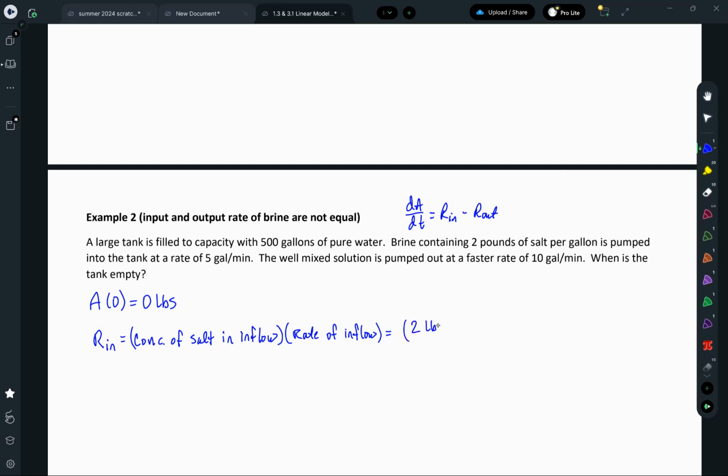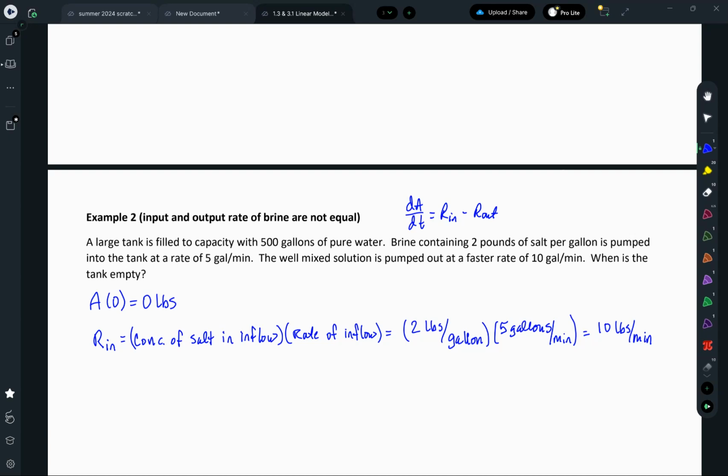So 2 pounds of salt per gallon. And then it's pumped in at a rate of 5 gallons per minute. So the gallons are going to cancel out, and I will be left with, it looks like, 10 pounds per minute. All right, that's the rate at which the salt's going in there.